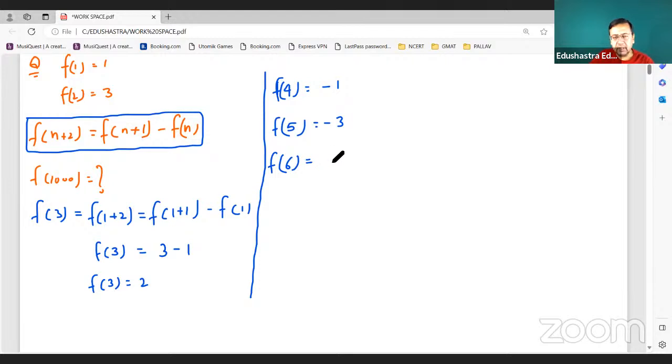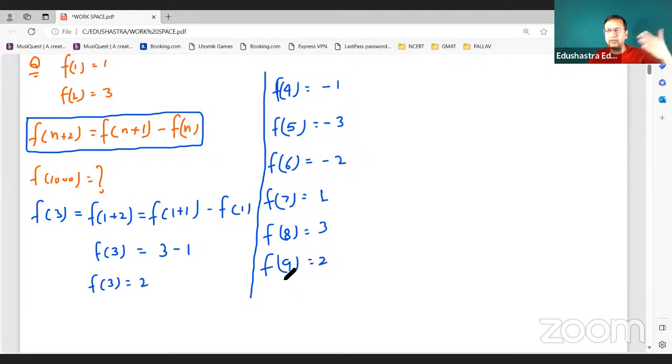Yes, Aditi, values are now repeating and F6 is coming out to be minus 2. Now, if I calculate F7, this is 1. F8 is 3. F9 is again 2, and so on. The values are getting repeated.